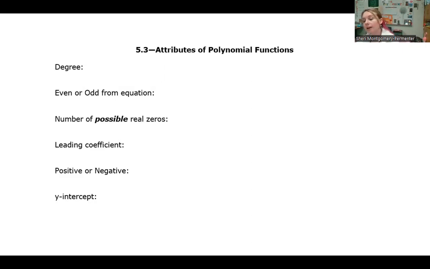So back up at the top for the degree. Was anybody able to identify the degree for the first function, where we have f of x is equal to negative 5x to the fourth minus 16x squared? How did you know that it was 4?